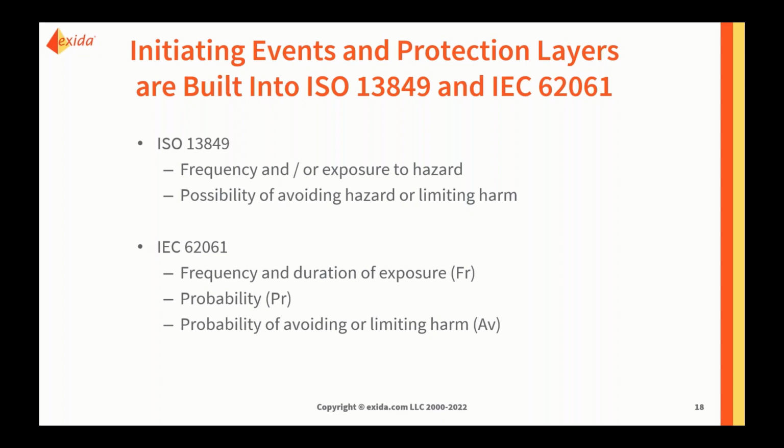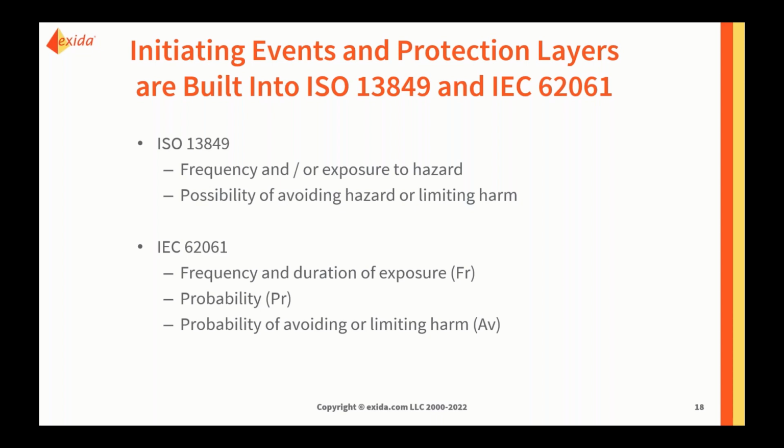The downside with each of these cases is that we only get 2 potential protection layers to consider in 62061, and in 13849, we actually only have 1 potential protection layer that we are directed to consider in all of this. So if that's good enough, then by all means, apply that method.